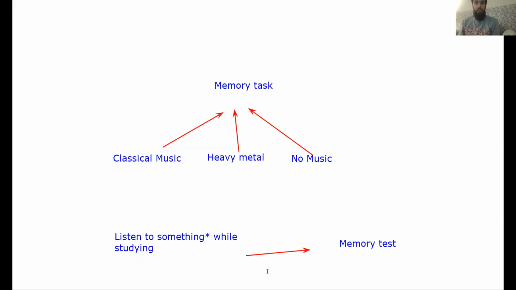I could conduct this study according to what we've already talked about this semester. One group of people studies while listening to classical music, a second group of people studies while listening to heavy metal, and a third group of people studies while listening to nothing. That would be a between subject experiment.